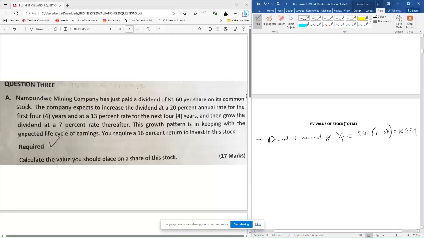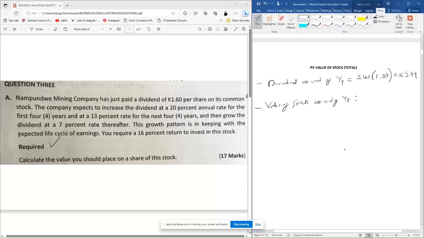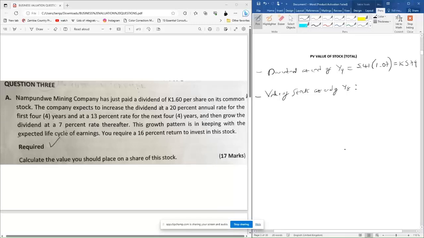So now let's calculate our value of stock at the end of year 8. All right, so this is what we're going to do now. In order for us to calculate our value of stock at the end of year 8, we're going to have this formula, if you remember it from your notes.